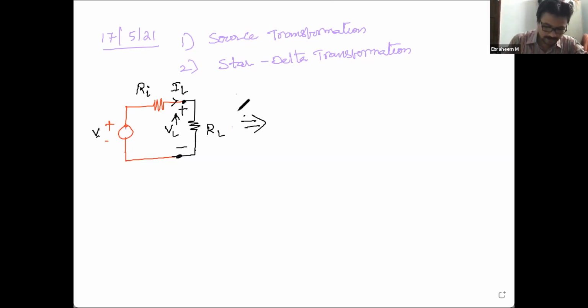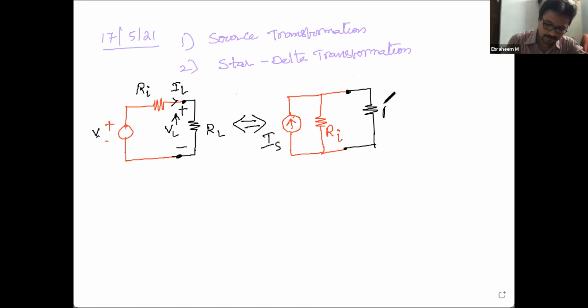We can transform this simple circuit into a current source: a current source IS in parallel with the internal resistance Ri, and a load resistance of RL.